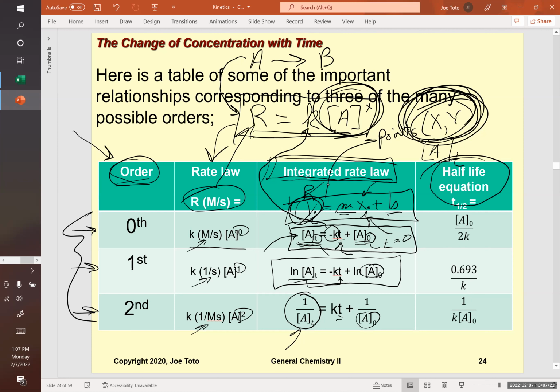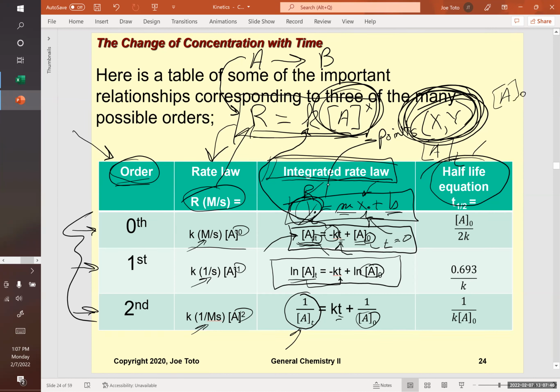Now, the half-life is defined as the time that it takes to cut the initial concentration, which is [A]0, in half. How much time does it take to cut that initial concentration in half?